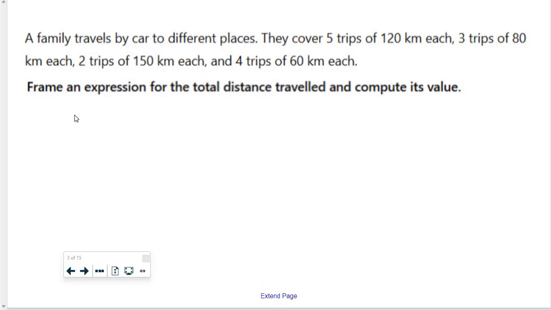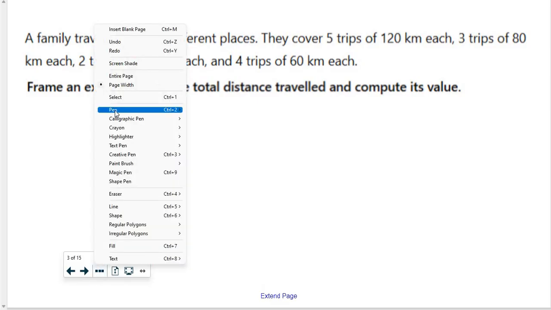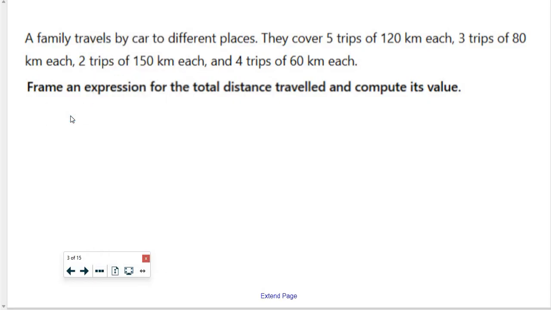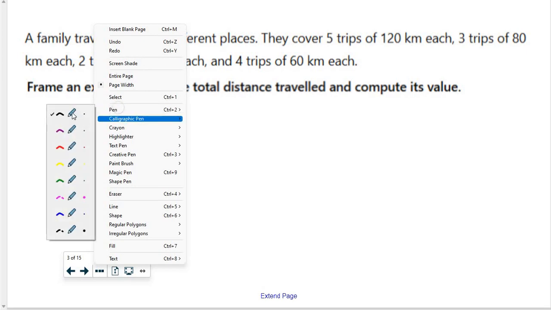Here the question is, frame an expression for the total distance traveled and compute its value. So you can pause this video and take a screenshot of this question and perhaps try it in your own arrangement and in your own understanding.